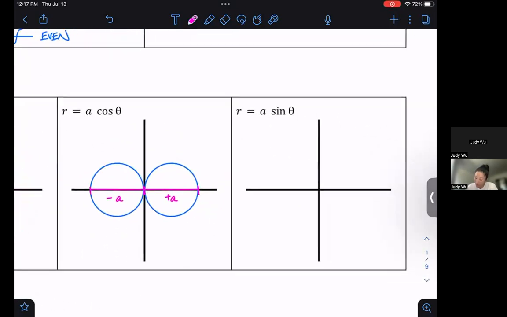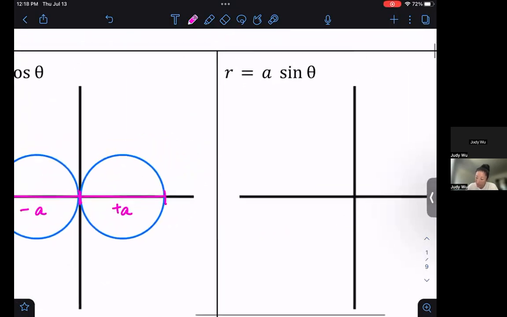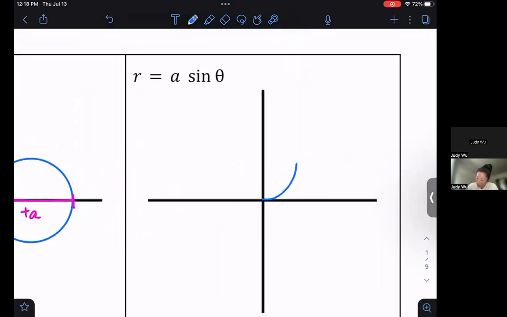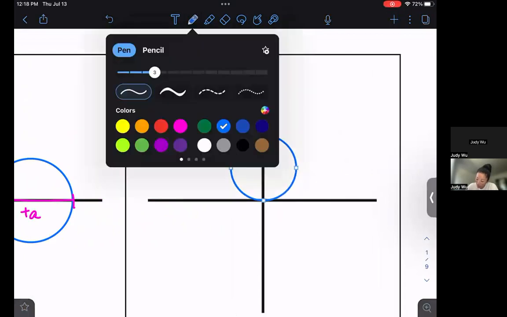And what happens if we have our sine instead of cosine? Well, like we saw in Desmos, we end up with a circle that is above, right?